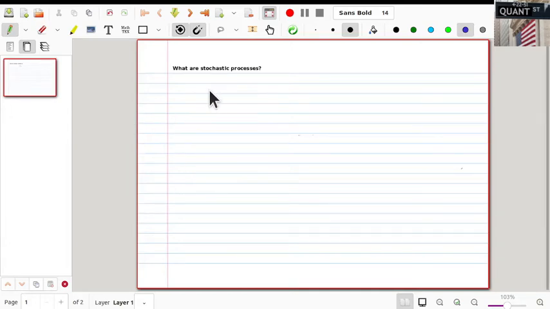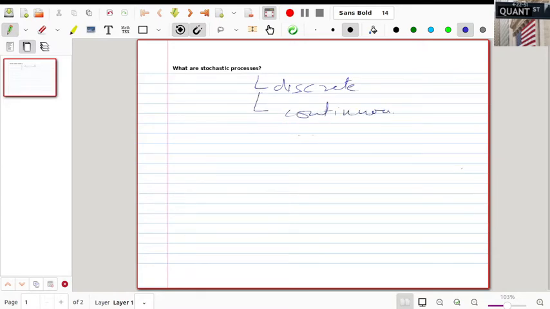So what are stochastic processes? Any process can be divided into discrete and continuous. Let's discuss the discrete process first, and let's assume there's a sequence of random variables.